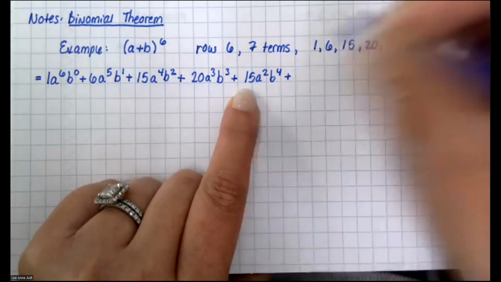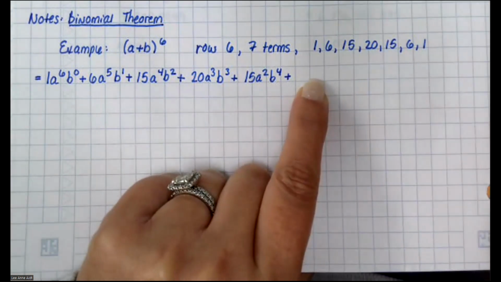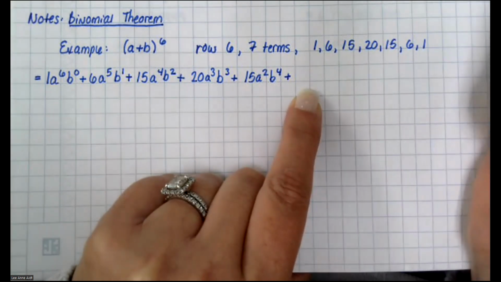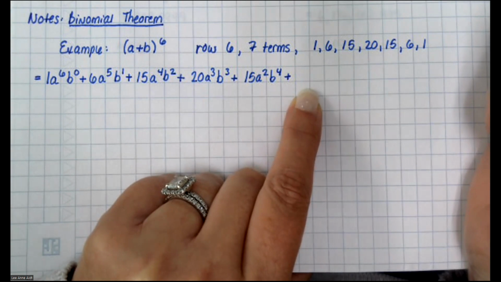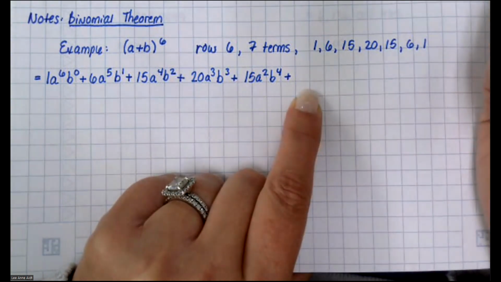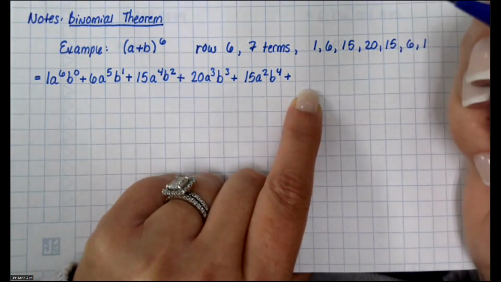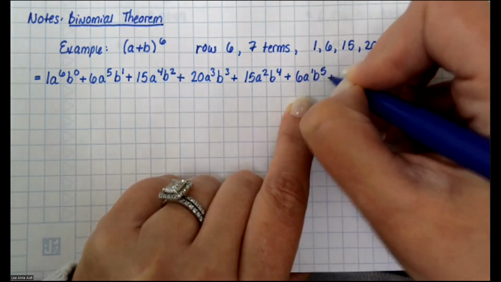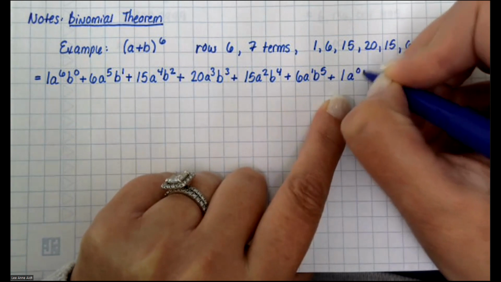Perfection. Someone else? Someone other than Tyler, but you said it. Okay, last one is 1, a to the 0, b to the 6.